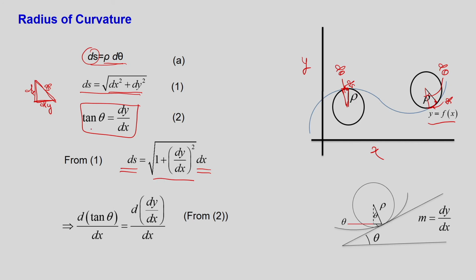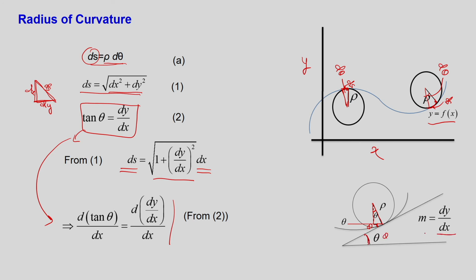Or from 2 you can write again, you take d by dx, this d by dx of tan theta is equal to d of dy by dx by dx. Okay. So, now this is what you have, this is the radius here rho, this is the angle it swept. So, if this is theta, this is also theta, and if this is theta, this is also theta.